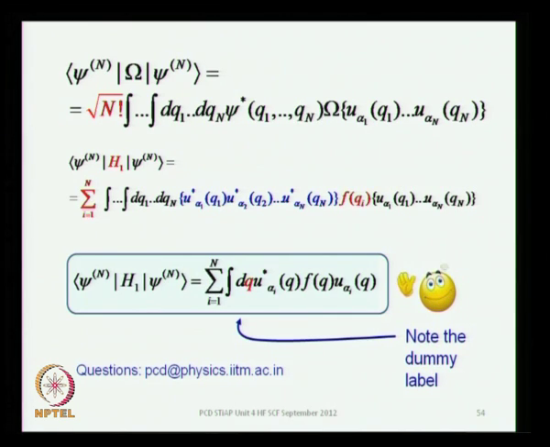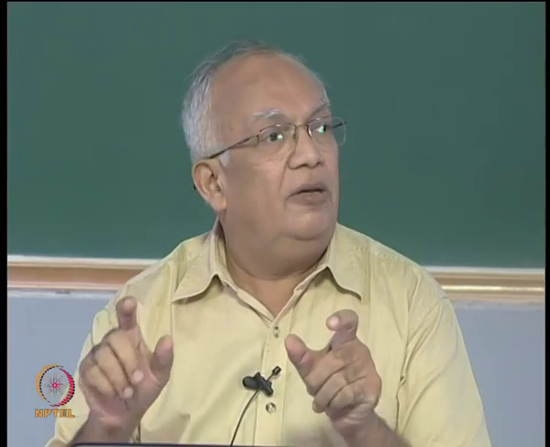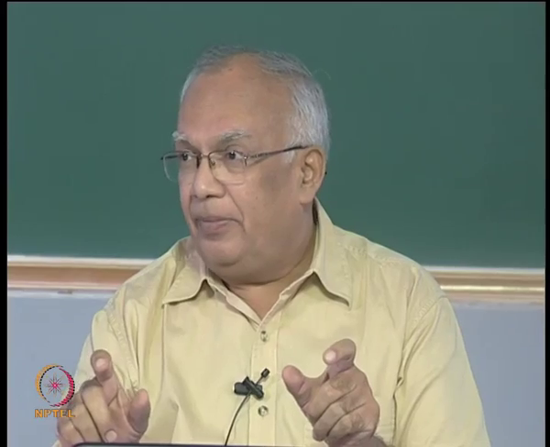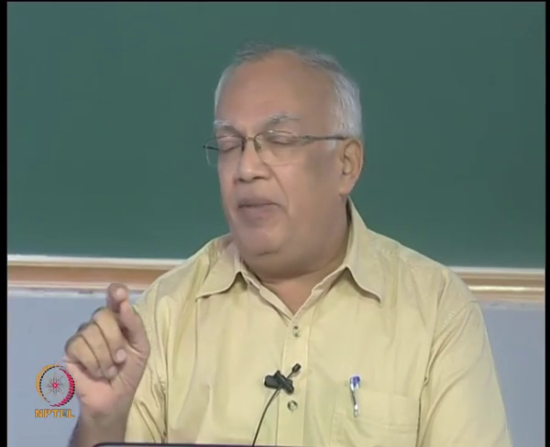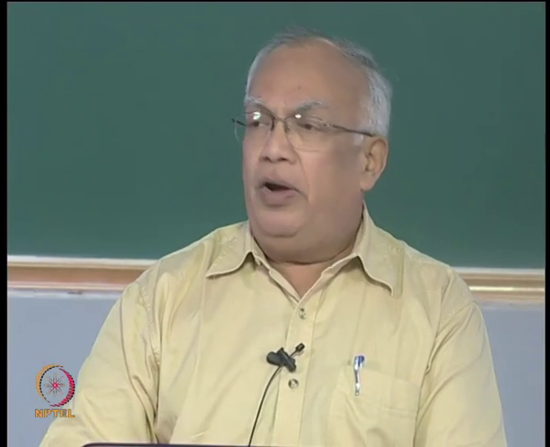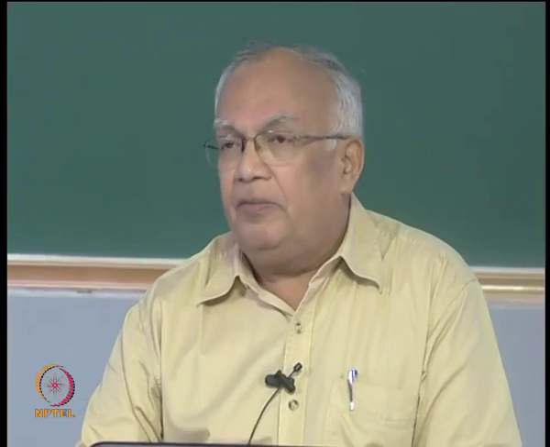In the next class we will deal with the 2 particle operators, then we will do the 2 together, then seek the condition under which the expectation value of the n electron Hamiltonian in the n electron Slater determinant would vanish, subject to the constraint that the original single particle spin orbitals remain orthogonal to each other and they remain normalized, okay. So any question for today?